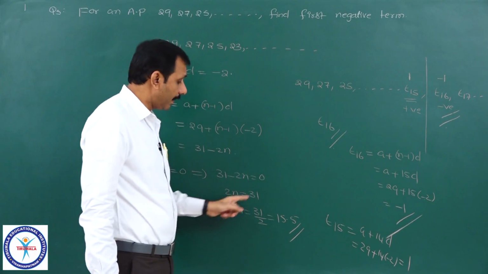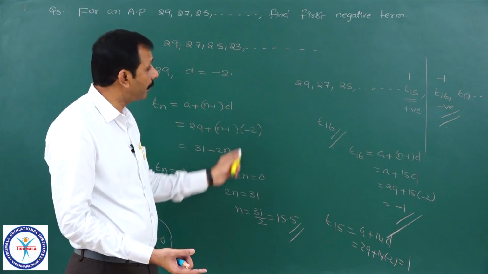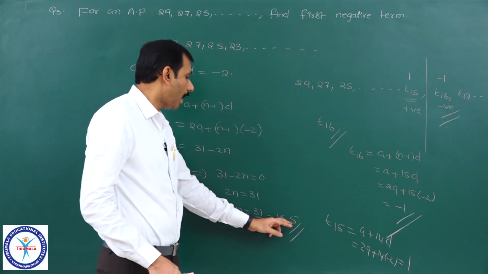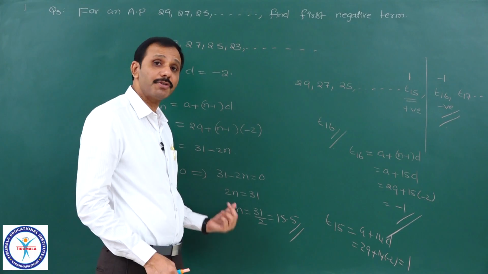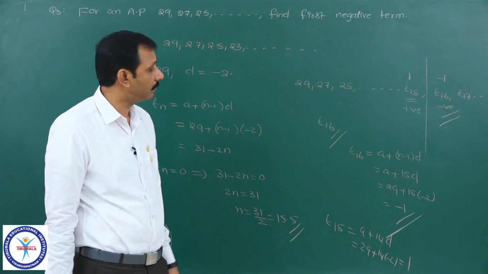If directly integer equal to 0 means next immediate term will become negative because it is a decreasing sequence, and before that term will become positive only, that term will become 0. Hope you understood this discussion.